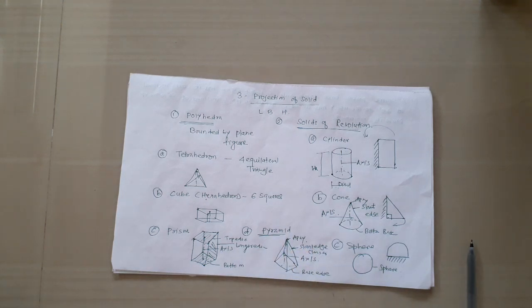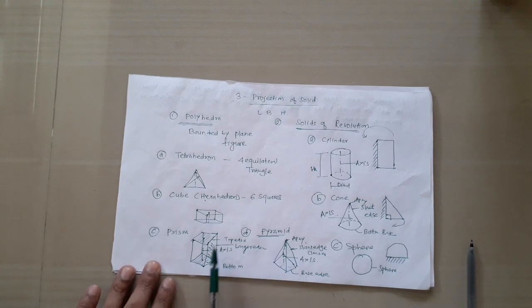Once again I am repeating, solid is a three-dimensional diagram. The solids are basically divided into two types. The first one is polyhedra, bounded by plane figures, and the second type is solids of revolution, generated by revolution of plane figures. In polyhedra, the first one is a tetrahedron, second one is cube, third one is prism, fourth one is pyramid.